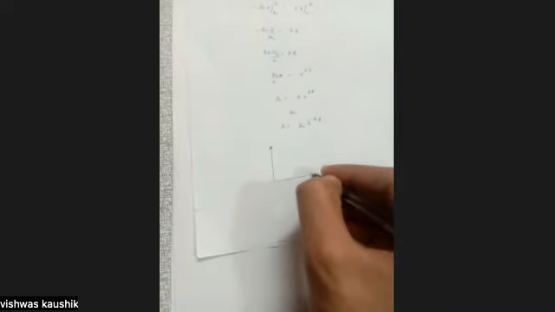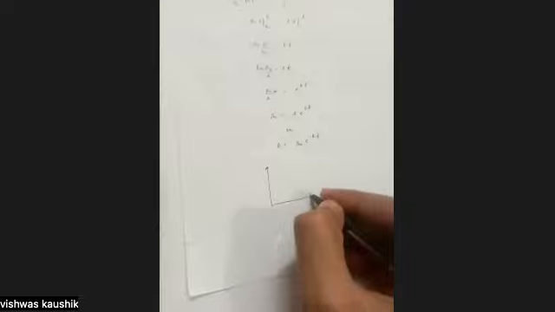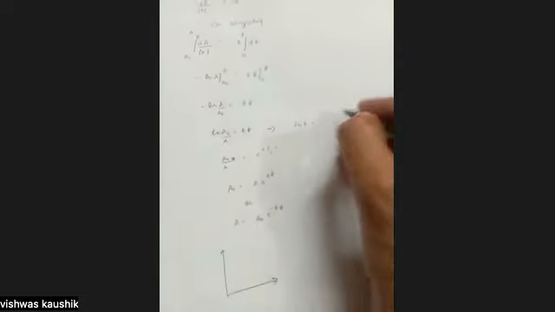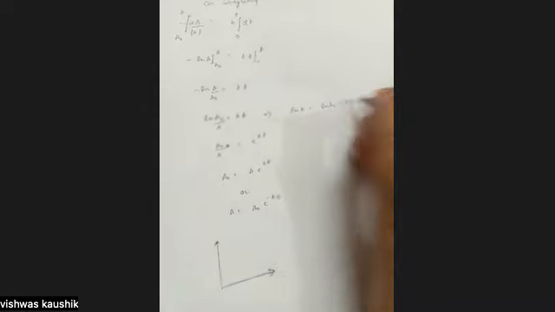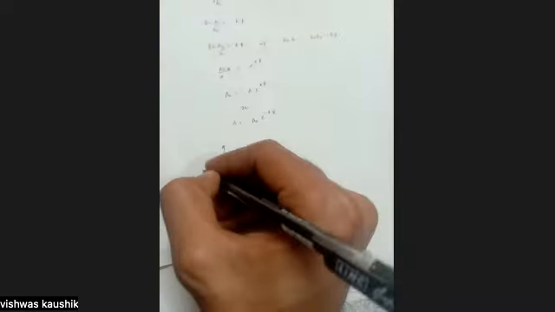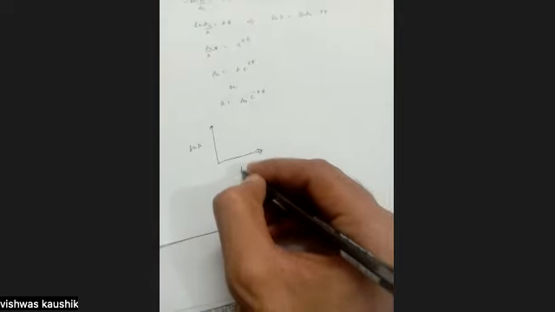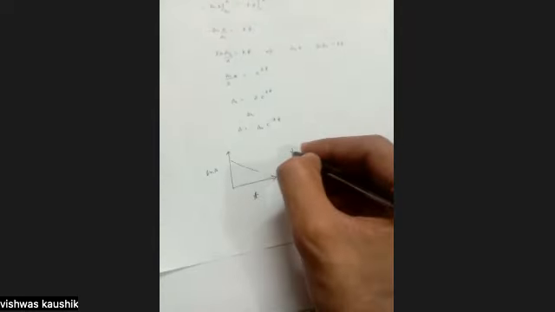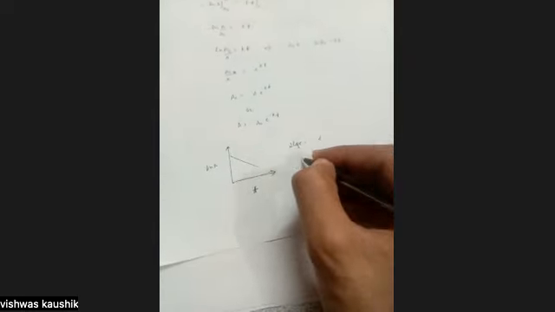And so if we plot the graph between concentration and time, from here we can say that ln A will be equal to ln A naught minus kt. So the ln A versus t graph will be a straight line with slope equal to minus k and intercept equal to ln A naught.